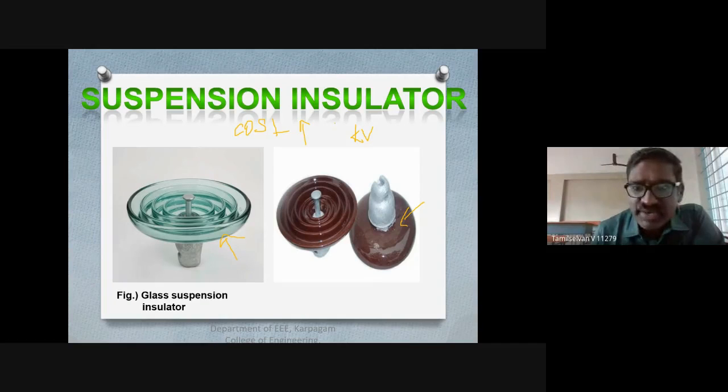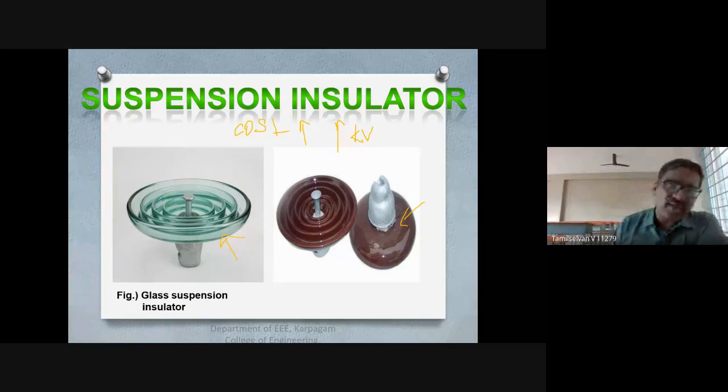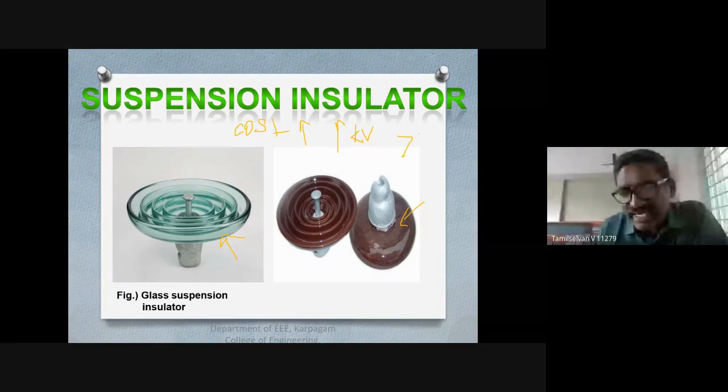If the voltage increases, the cost of your pin insulator also increases. So it won't be economical for higher voltages. If the voltage is greater than 33 kilovolt, the pin insulator is not economical.